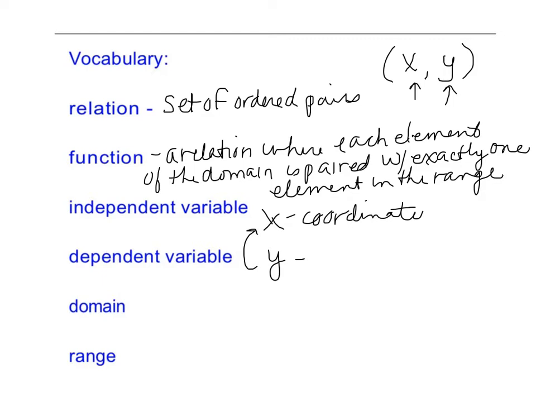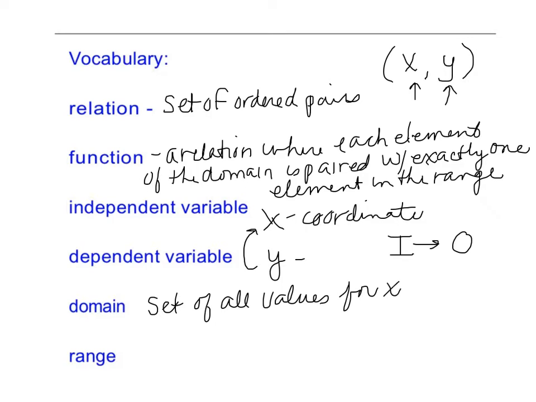So if you think of it this way, the x is the input, and then the output is the dependent variable. So it depends on what's in there. The domain, of course, is going to be the set of all values that make it true. And then the range will be the set of all values for y.